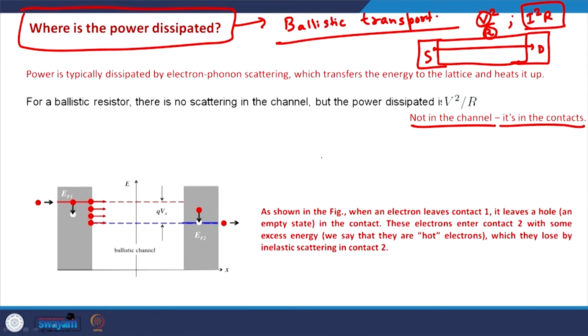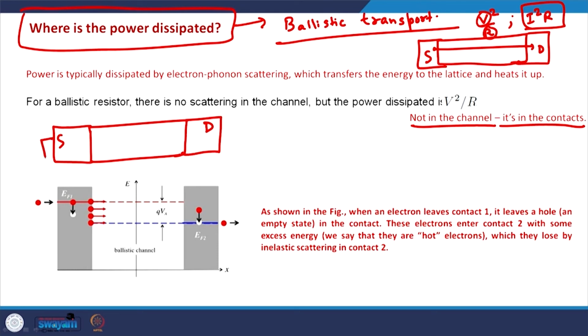And in order to understand this, if we have a 2D device or a small channel between the source and drain contacts, and if we have also applied a battery across the device, let us say the voltage of the battery is this. This is how the Fermi level configuration of the device will look like.